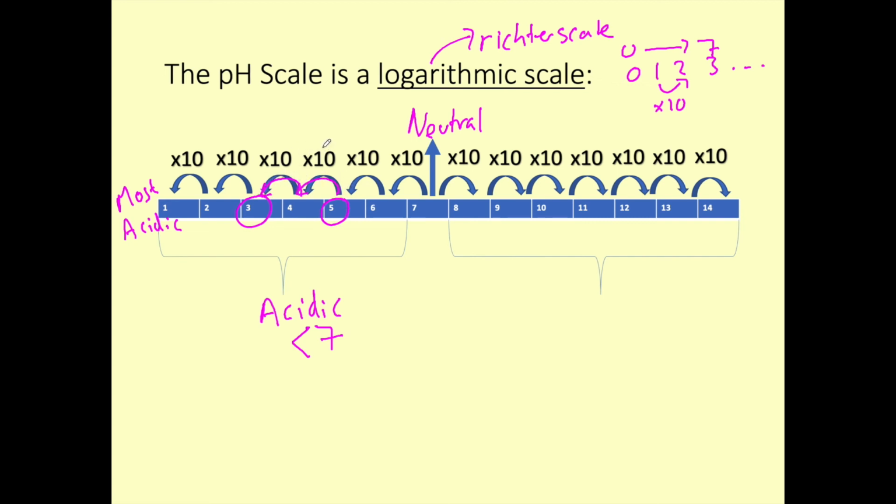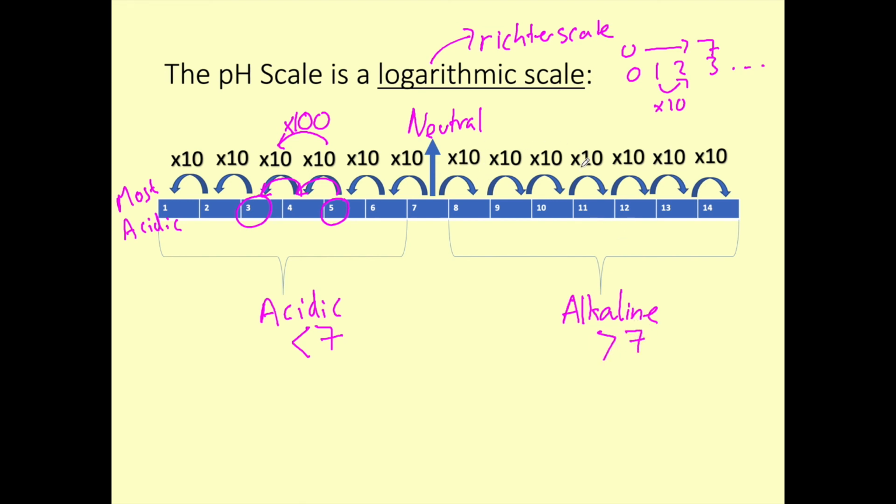And we can combine these two, so 10 times 10 is 100. So that solution of pH 3 is 100 times the acidity of a pH of 5.